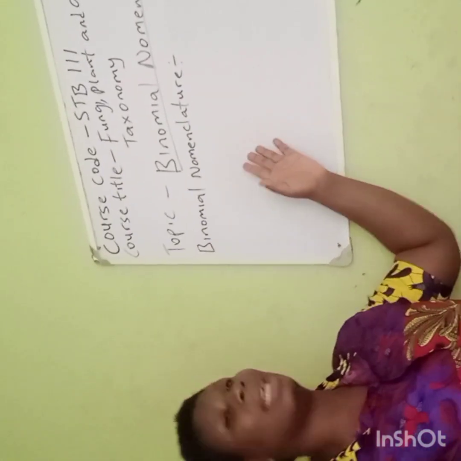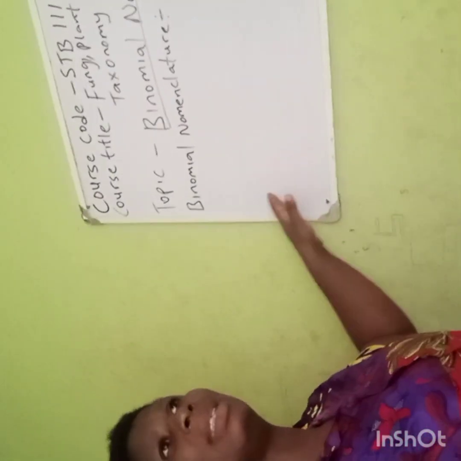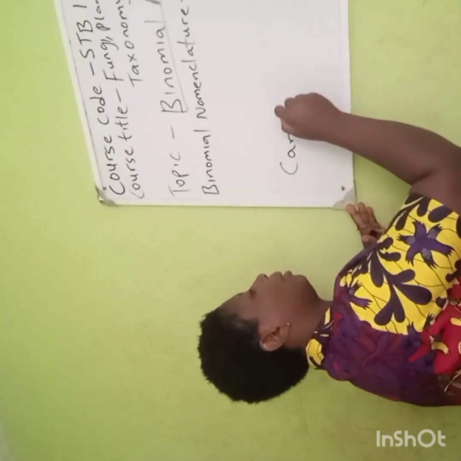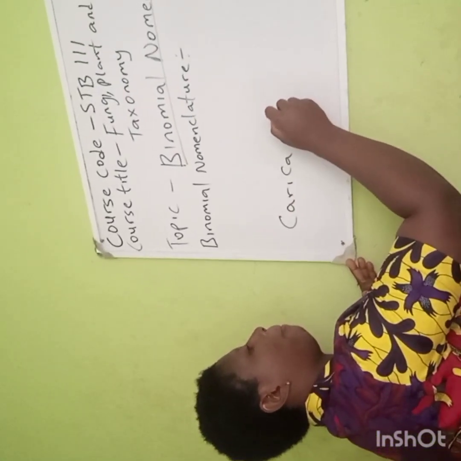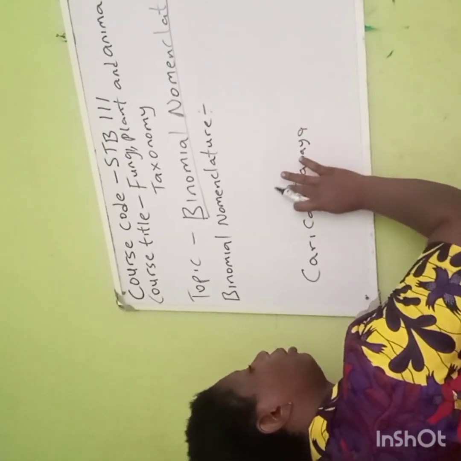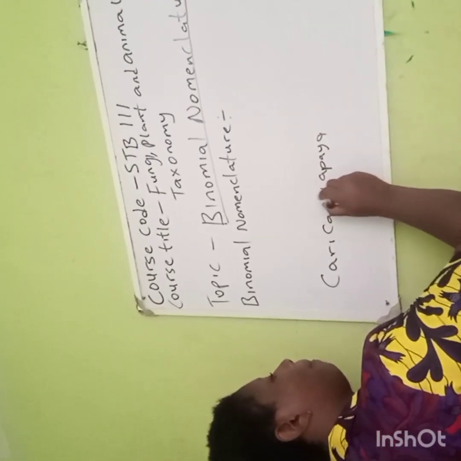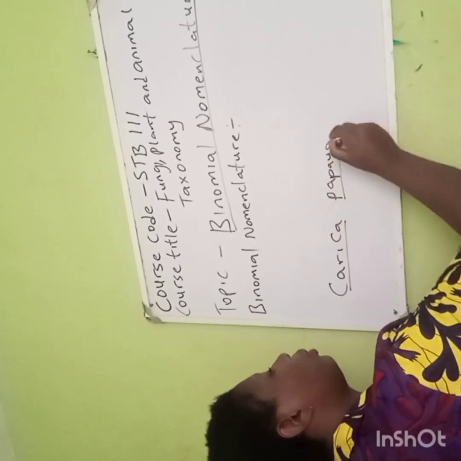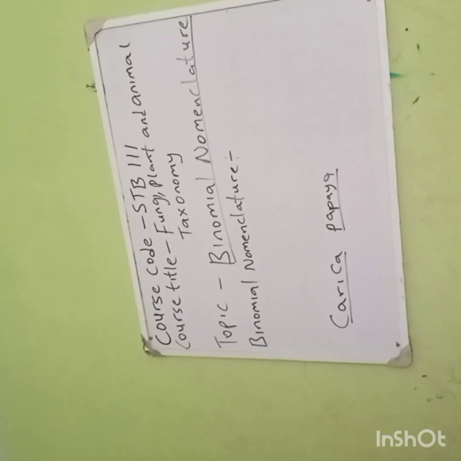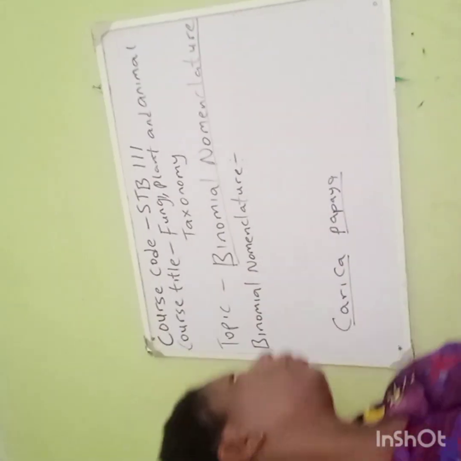Like the examples that I have written, you can see something like this: Carica papaya. This one should be in a small letter: papaya. This scientific name is two. Any scientific name must be two.